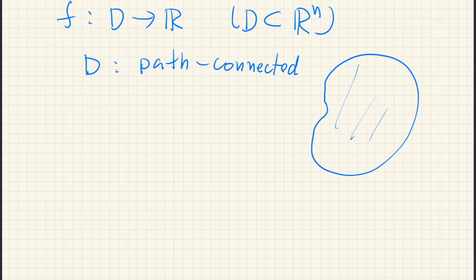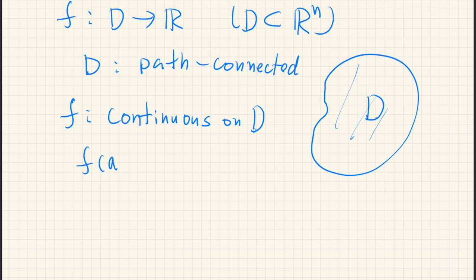And also we assume that f is continuous on the entire domain. And also we assume that f of A and f of B are different, where A and B are elements of the domain.